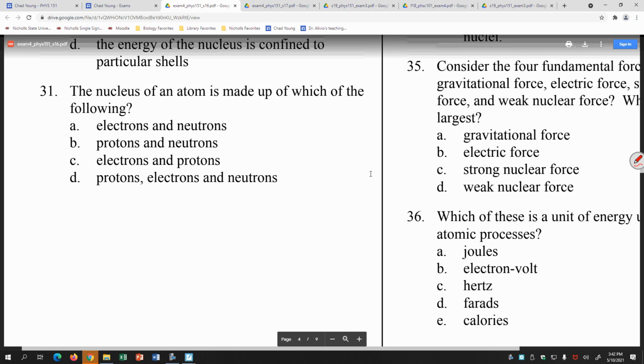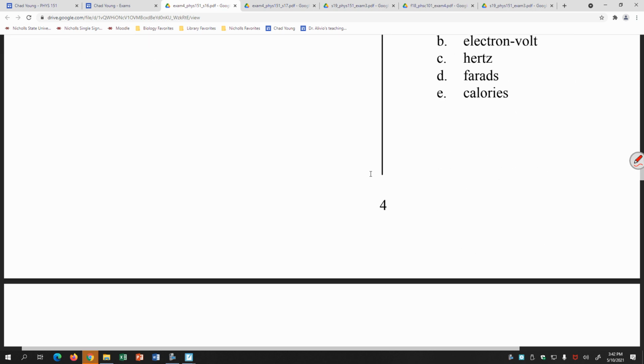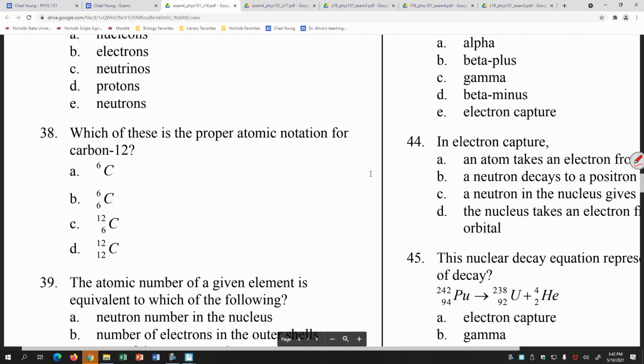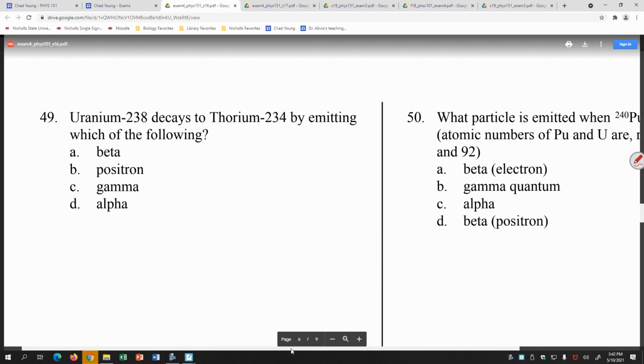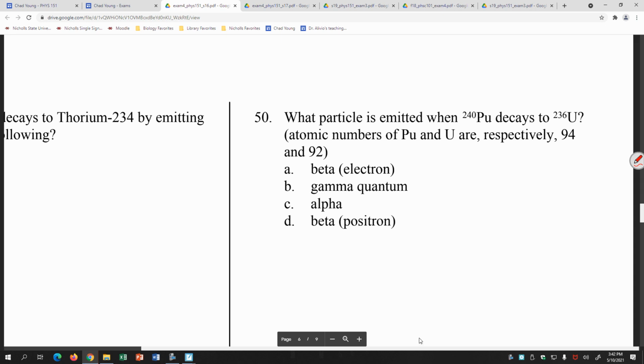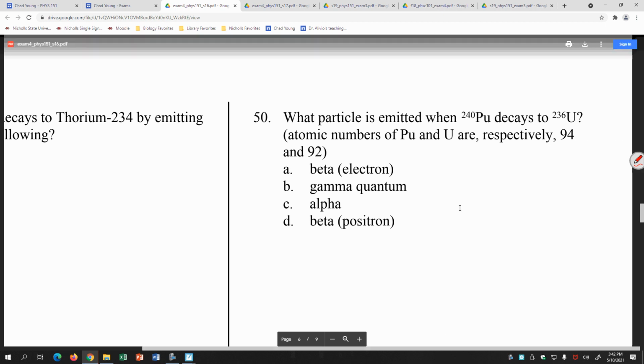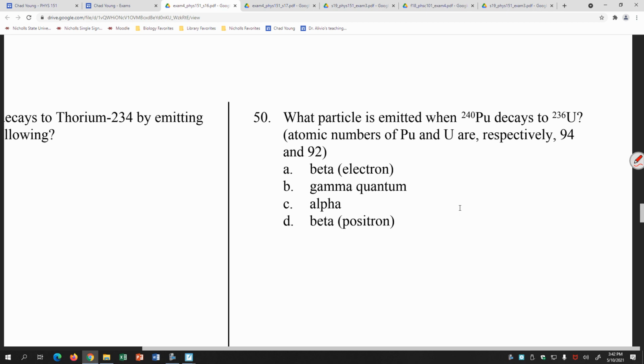Let's look at, yeah, Hannah. What particles emitted? Well, right away, if I look at these two numbers right here, I know it has to be alpha, because notice I have a drop in the atomic mass number of 4.